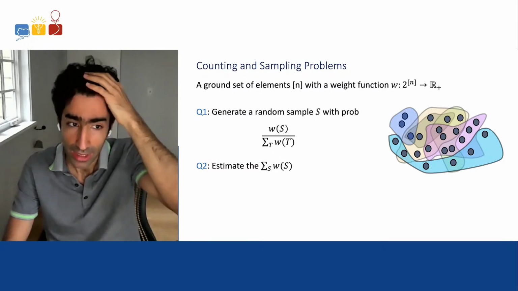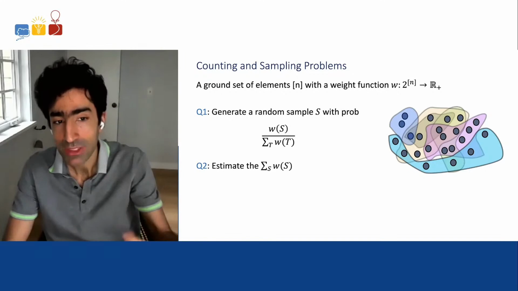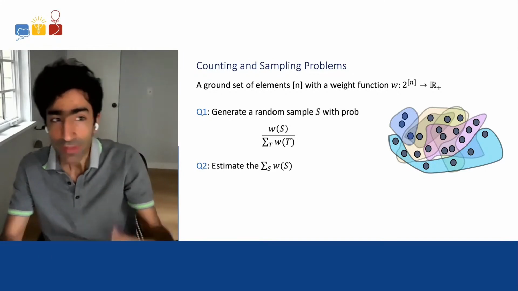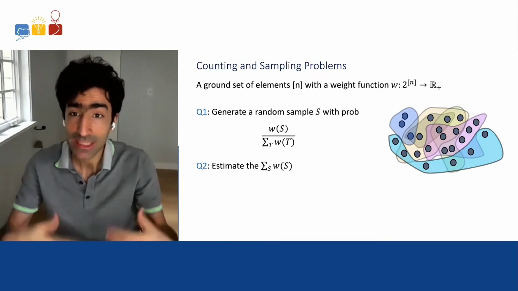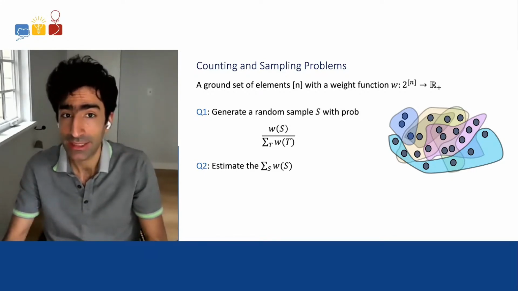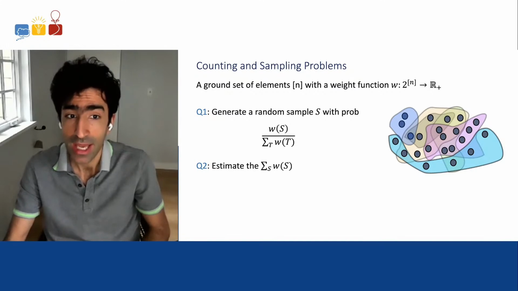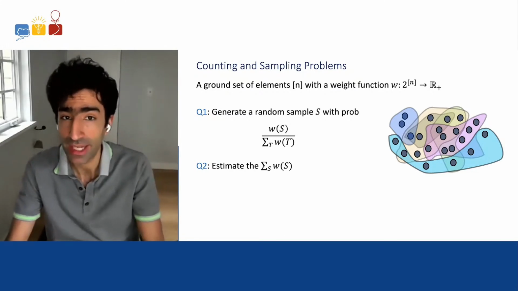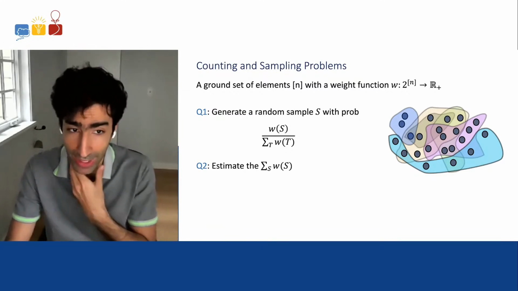Another related problem is to estimate the summation of weights of all of the sets. The difficulty is that you can have exponentially many sets in the support of W, exponentially many in n, and you want to do these tasks efficiently, in polynomial time with respect to n.